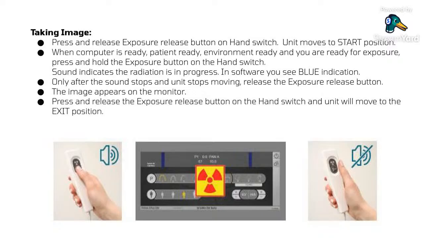Okay. Now, when you leave it, there will be an image on the monitor. You will press and release the exposure release button on the hand switch, and the unit will now move to the exit position. In the beginning, you moved it to the start position, and now it will move to the exit position. After that, you will ask the patient to leave the unit.